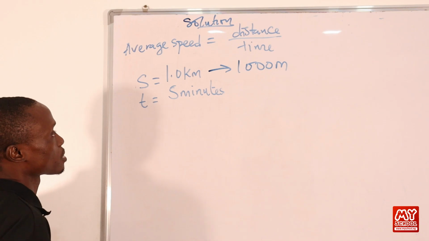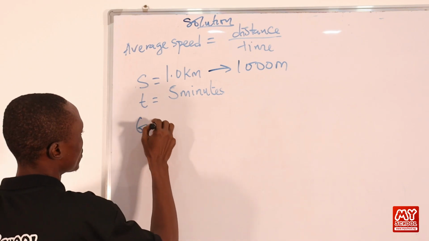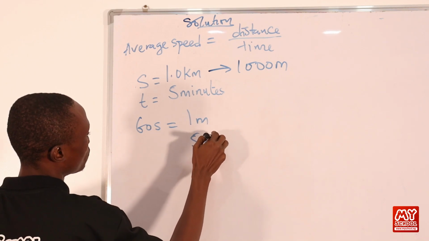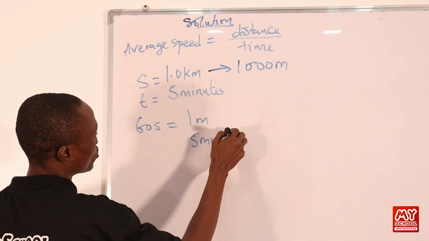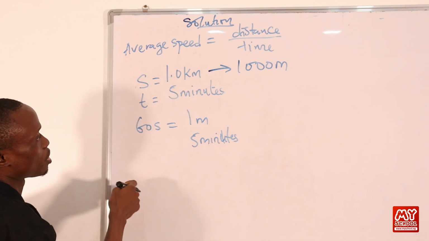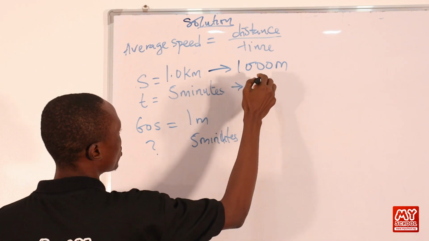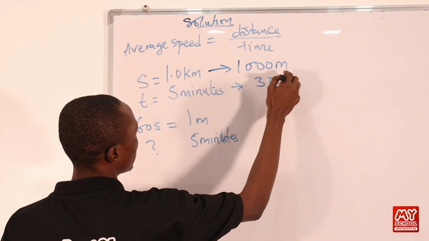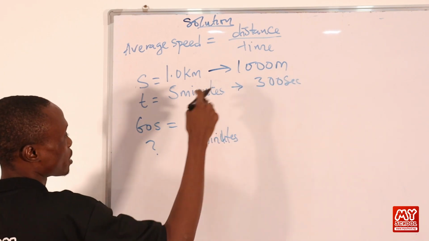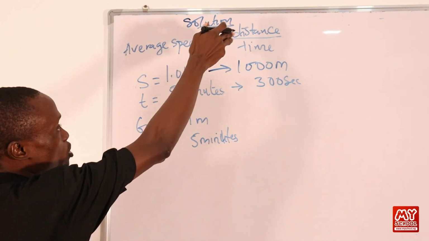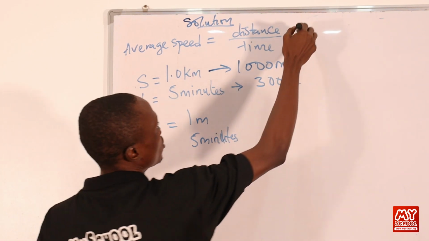And remember that 60 seconds is equal to 1 minute, and we need to change 5 minutes to seconds. So in that case we just cross multiply, and that will be equivalent to 300 seconds, right? So now that I've gotten our parameters in the right unit, we just substitute them into the formula and get our answer. So let's put it here.